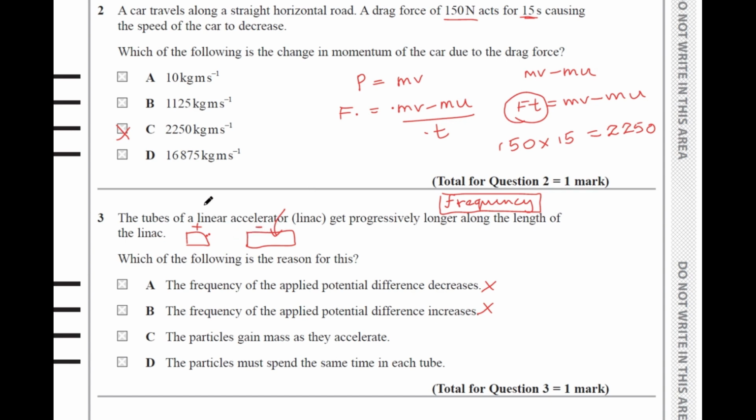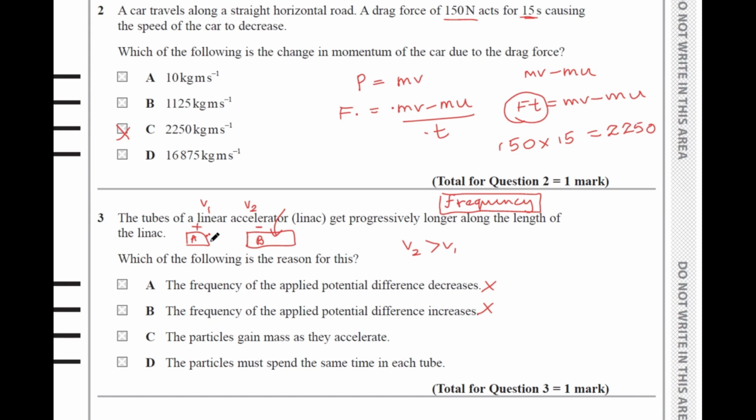So at drift tube A, let's say the particle's velocity is v1, and at the beginning of drift tube B, the particle's velocity is v2. So v1 and v2, when you compare them, v2 is bigger than v1 because there is an electric field.